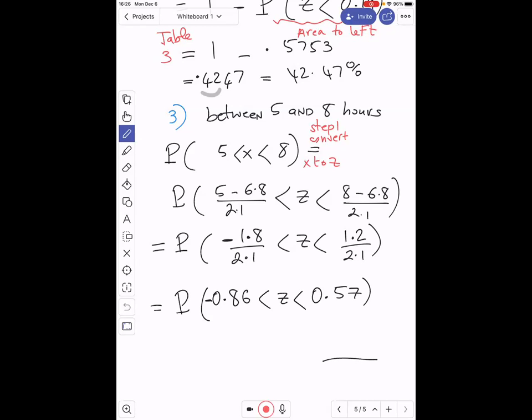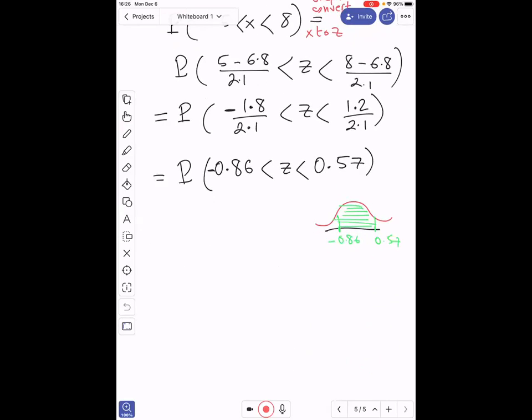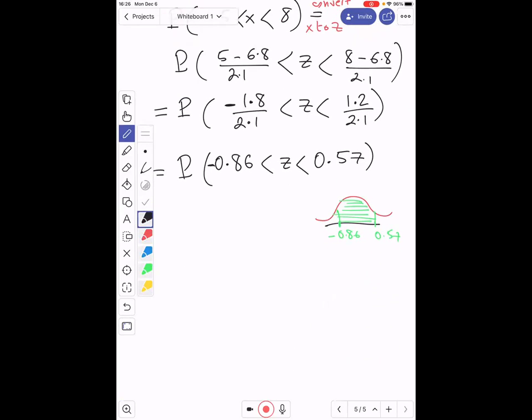So what I'm talking about here is, this is the graph of your distribution, and then you have your negative 0.86, you have your positive 0.57, and so you need the area between these 2 numbers, right? So we said, for the areas between 2 numbers, it's always the difference between the areas to the left of the 2 numbers.